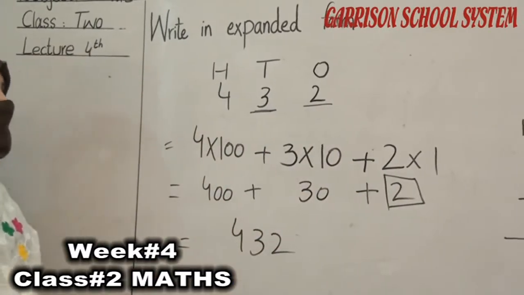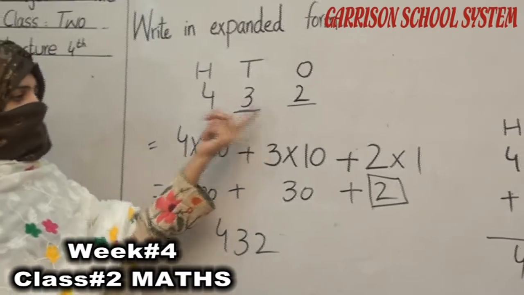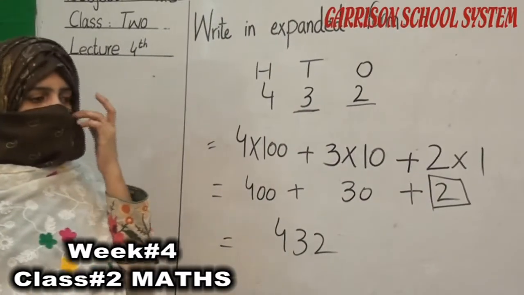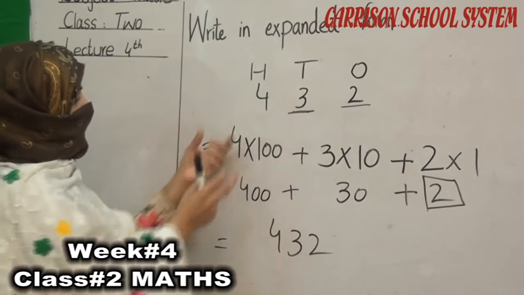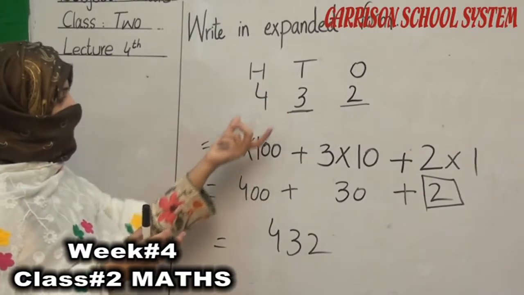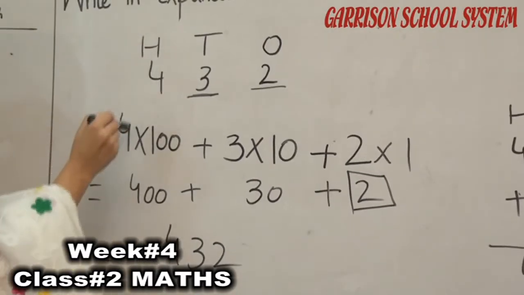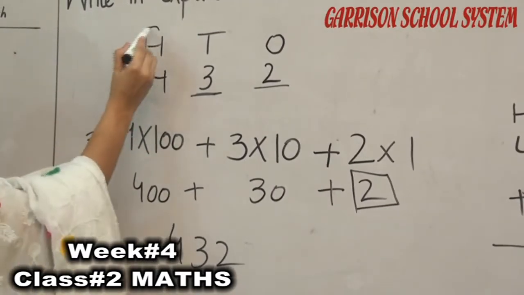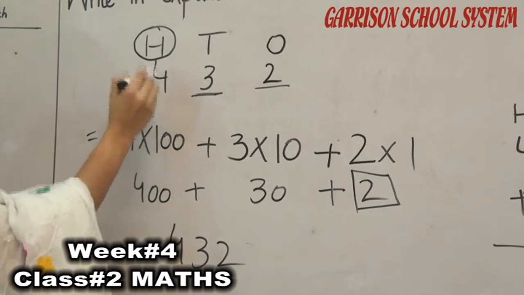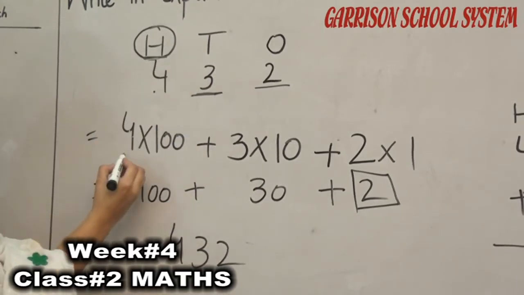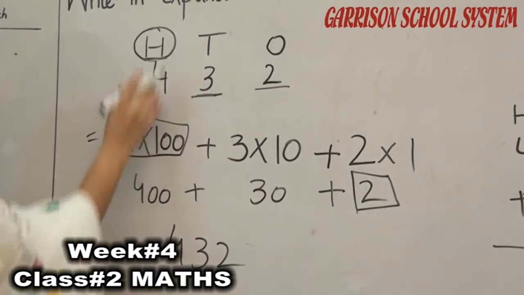It means we break all the numbers according to their place value. We write these numbers separately. We write 4 separately and multiply it by its place value, 100. We have done this number.